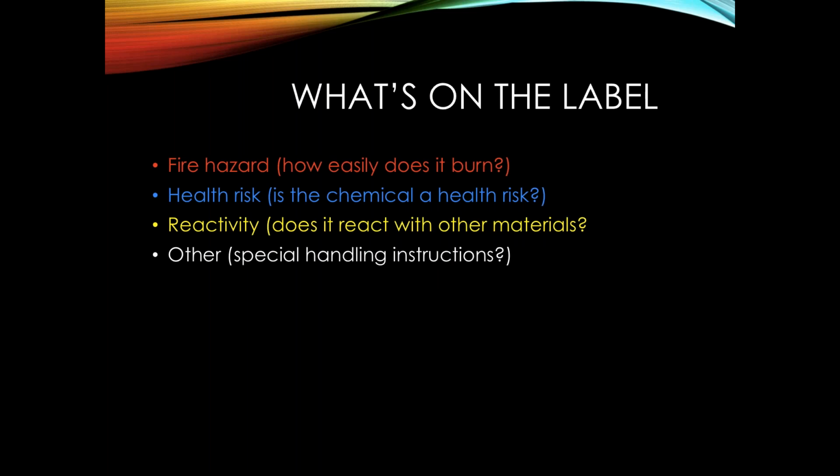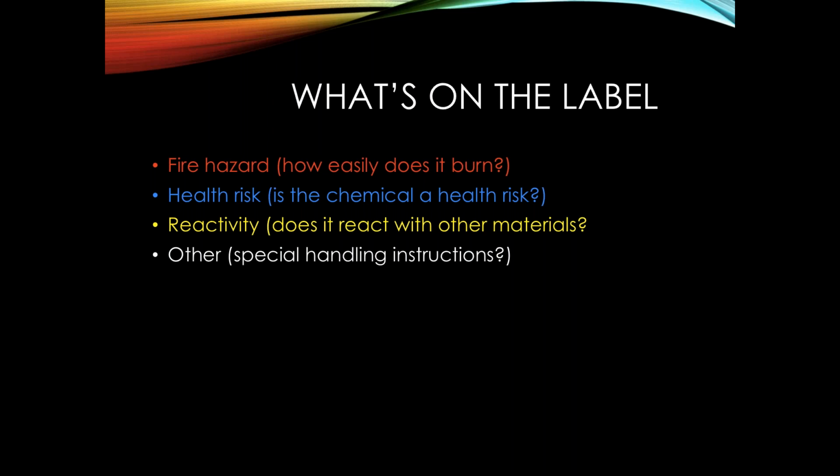So what would you find on a label? If you notice, there are 4 different colors: red, blue, yellow, and white. Each one of those is an indication of what kind of hazard or risk you may find with a chemical you're coming in contact with. Red is the fire hazard: how easily does it burn, from spontaneously combustible, to it takes a lot to burn, to it will not ignite.